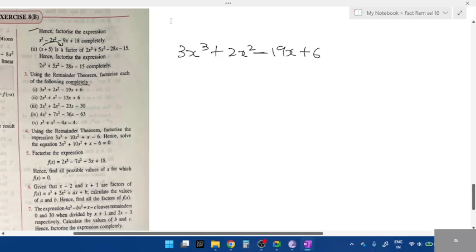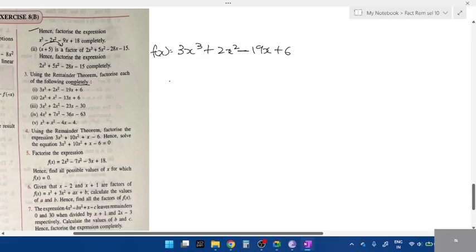Is any x value given here? Like the previous question, is anything given like this? No. Only the equation is given.